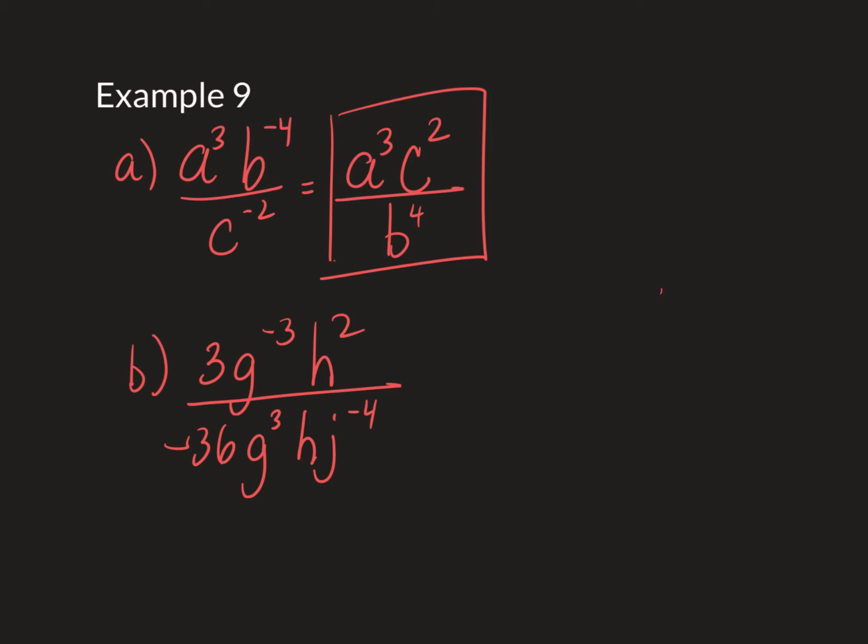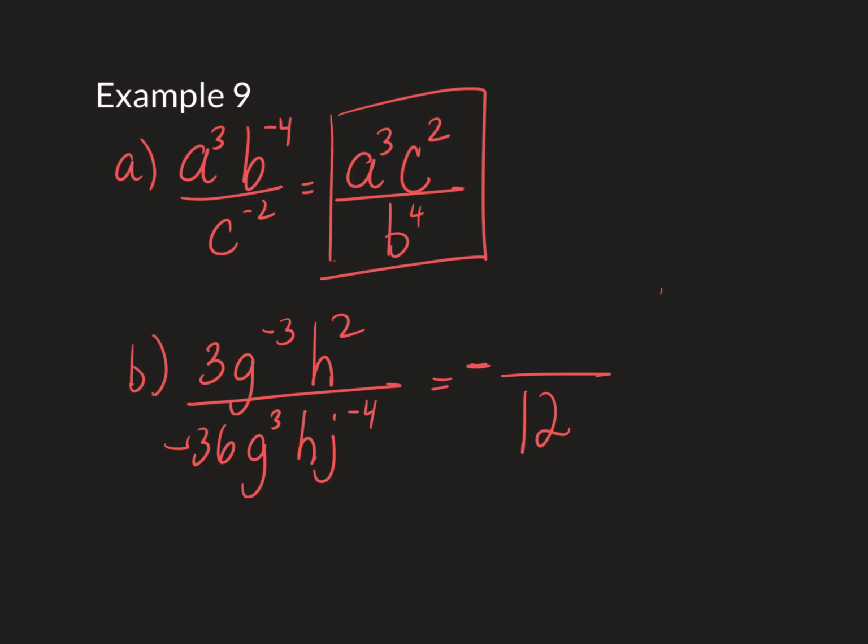Okay, let's start with our fraction. 3 over negative 36 reduces. You always reduce your coefficients. So that would be negative 1 over 12. I'm not going to put a 1 in the numerator until I know if I need it. If there's nothing up there, I will put a 1. But if there is something, I don't need that 1. It's not proper.